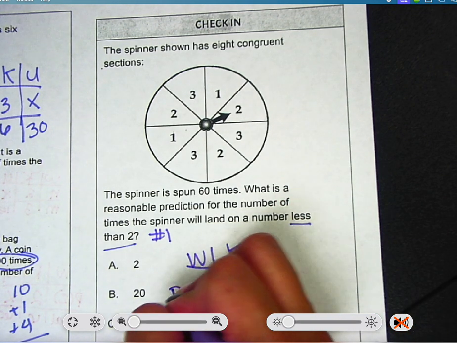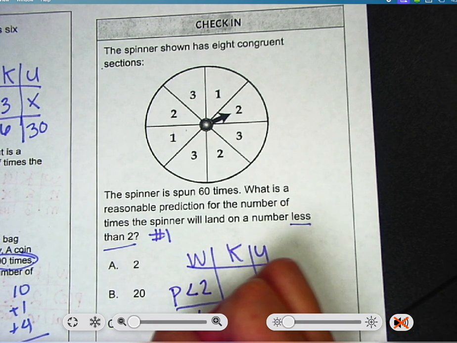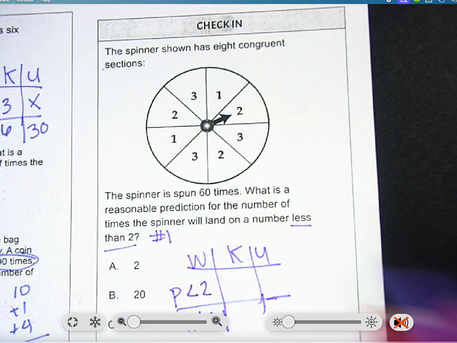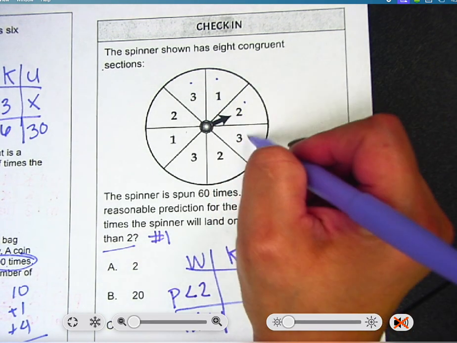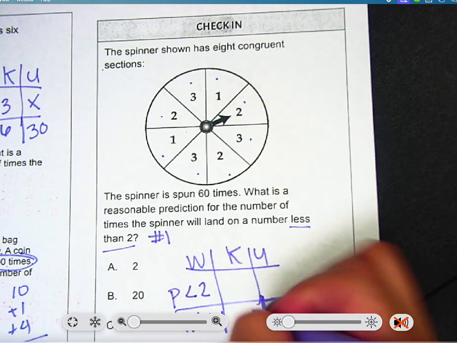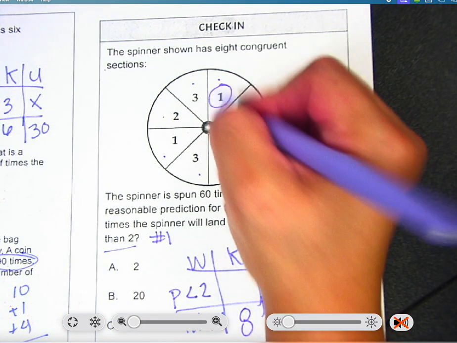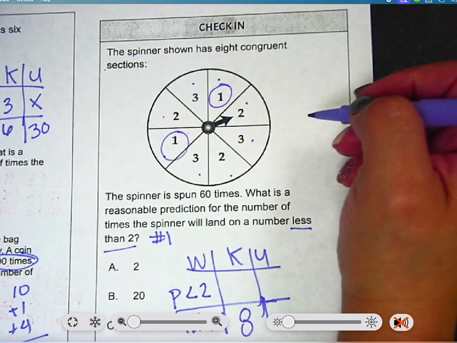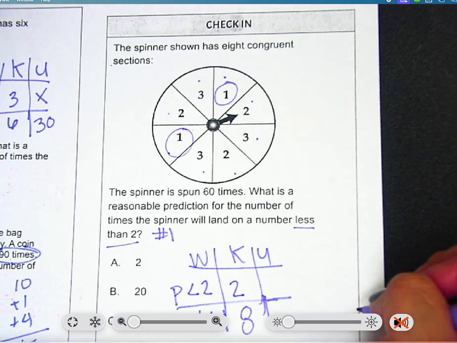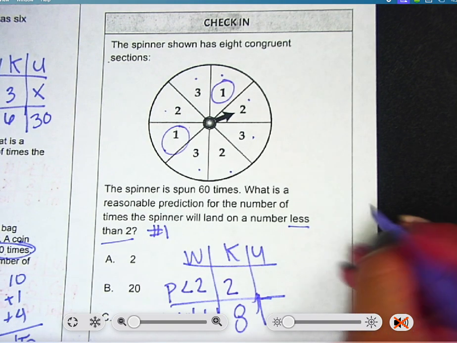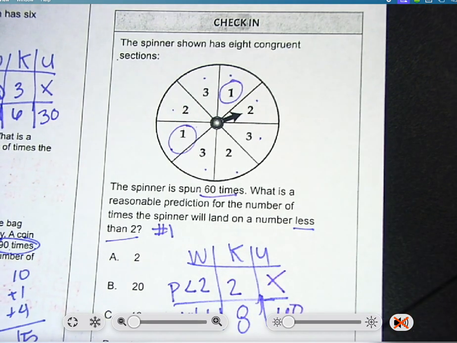We want to know the probability of getting less than 2, over your total. So write down your total here. 1, 2, 3, 4, 5, 6, 7, 8 options. And how many numbers are less than 2, which is only the number 1. So there's 2 out of the 8. And then they're predicting for 60. And then it is your job to solve for x.